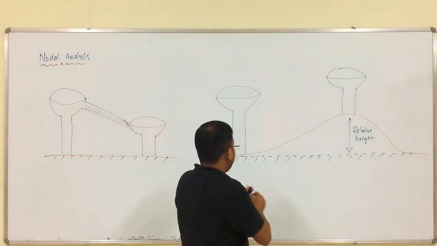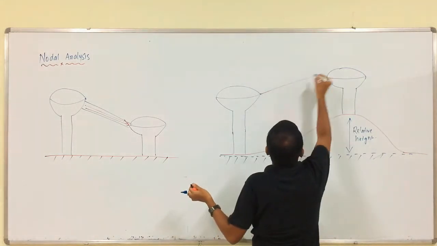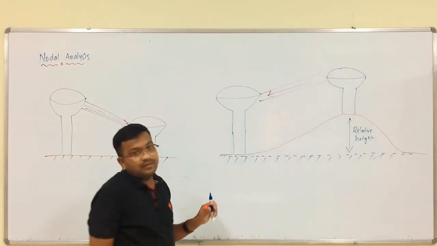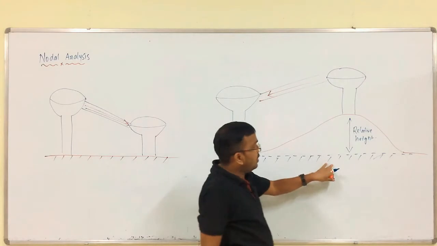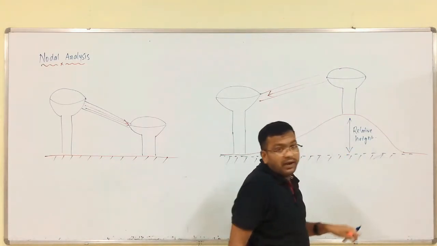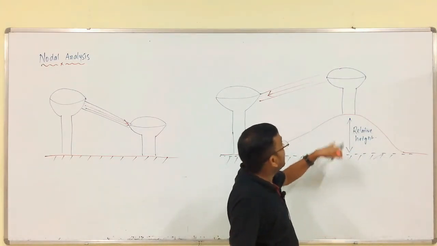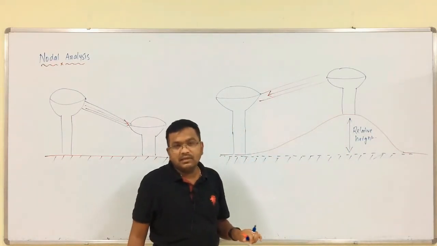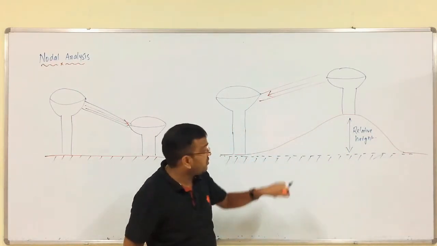That is why there is a water flow from tank B to tank A. So, with respect to this ground level, we are considering relative height, and based upon this relative height, there is a water flow from tank B to tank A. Then you have a clear idea. So, this is the importance of reference.